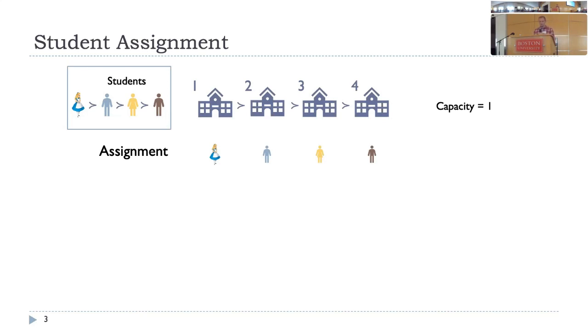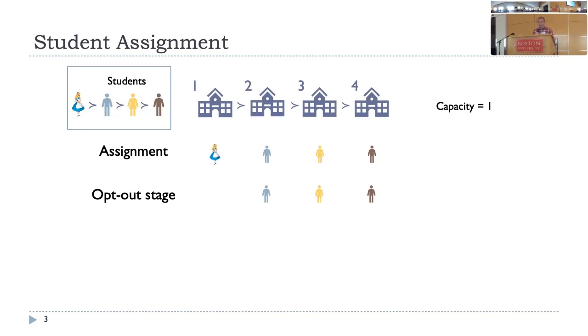Now, what happens in practice at public school systems, and also for private schools, but most importantly public school systems, is that there's this opt-out stage. There's this period of time in which students can decide to forgo their school assignment to opt for a different option. So in the public school setting, maybe the student at the top school found a private school that they like more, and they decided to go there.